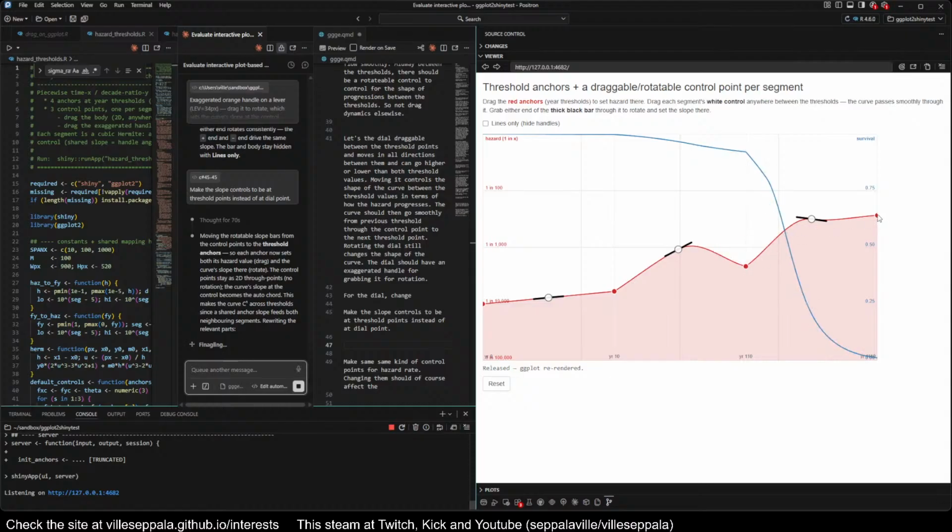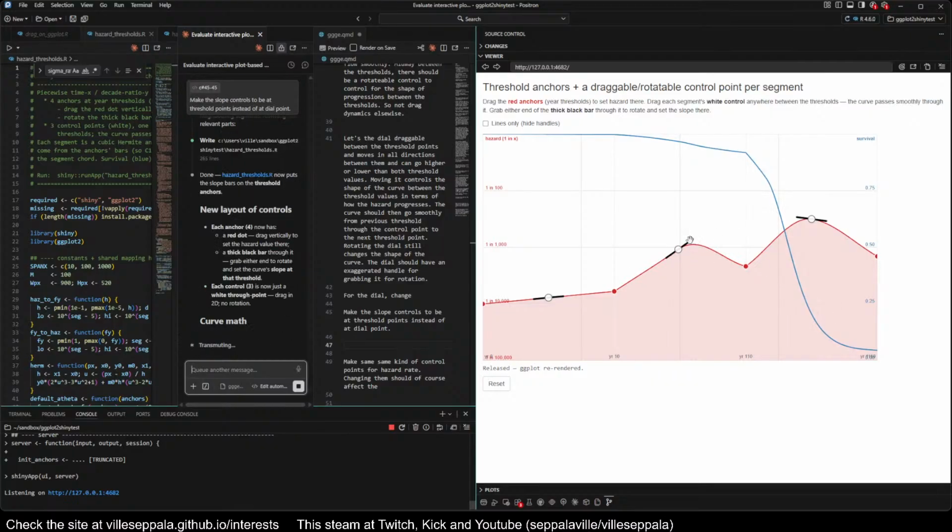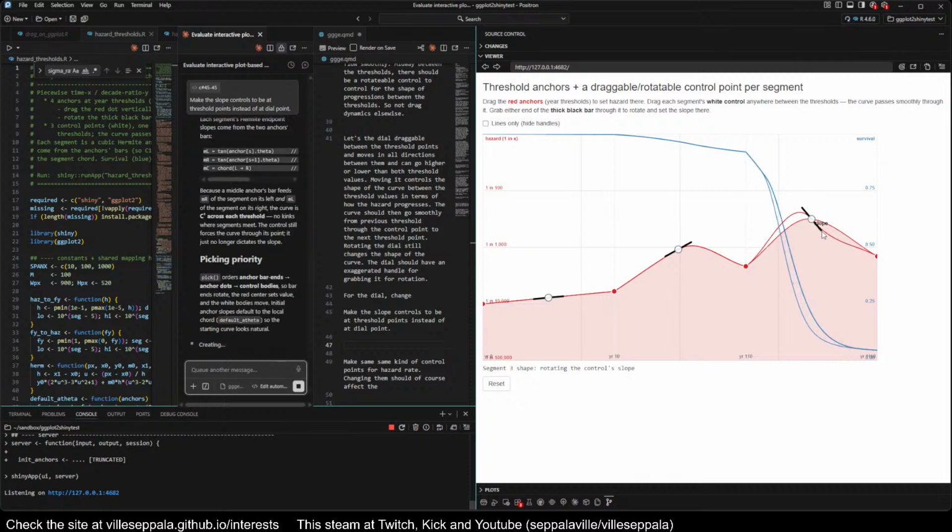Yeah, this seems so weird. I wonder would it be enough to just have those? If you didn't have the center point and you had these two slope controls.